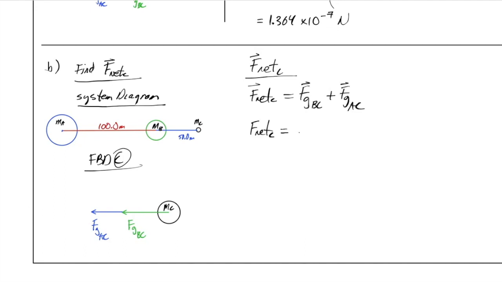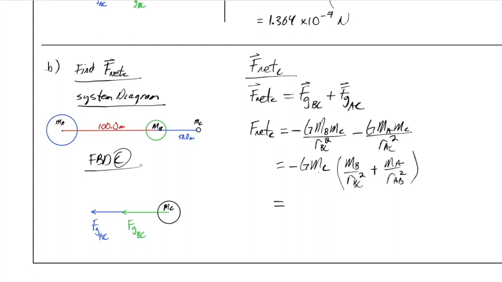F net C is equal to negative, because it's going to the left, big G MB MC over RBC squared minus big G MA MC over RAC squared, taking a common factor of negative G MC.